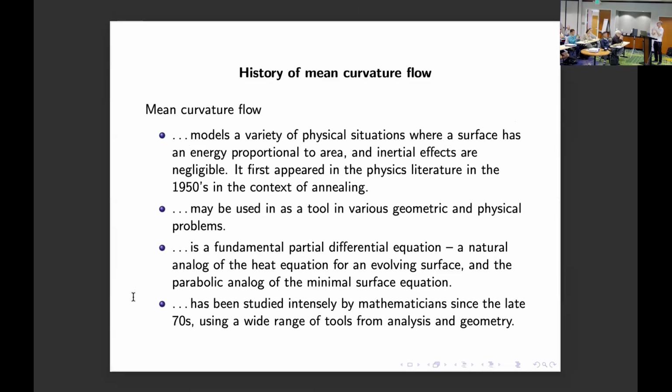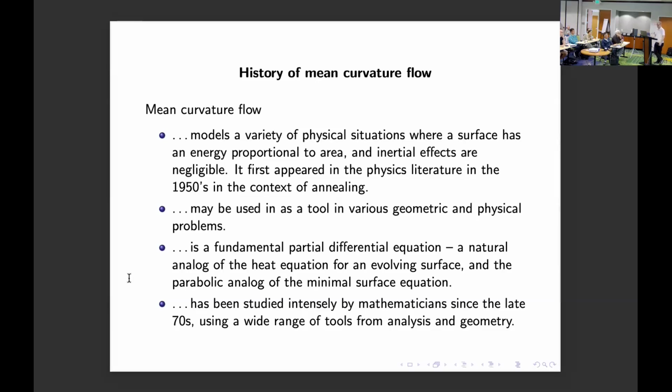In general, if you have a surface or an interface and the energy is proportional to area and you can neglect inertial effects, well then mean curvature flow is the mathematical model for that. So from a physical point of view, this is just the first of a long list of more and more complicated mathematical models where you add back in different forces or different effects.